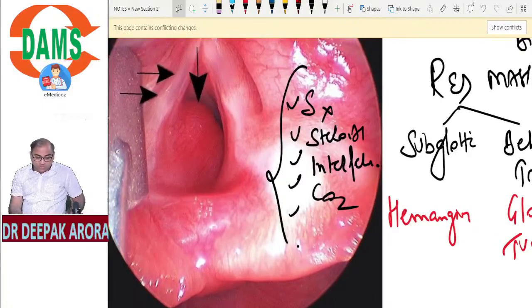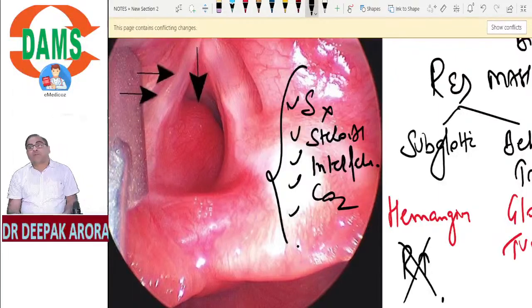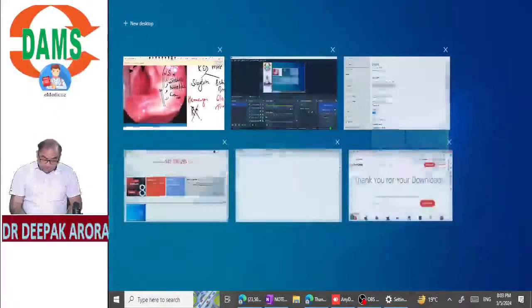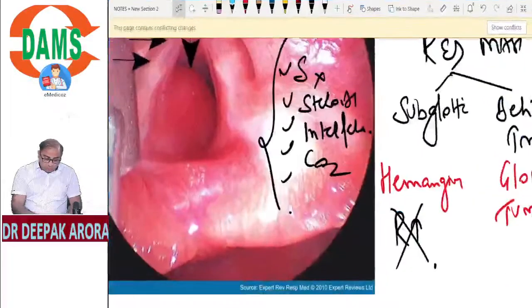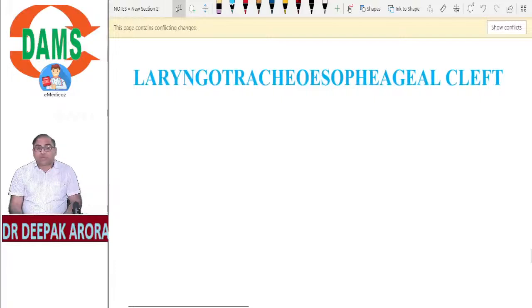In hemangiomas, what do we avoid? Radiotherapy. Make this a concept: in subglottic hemangiomas, we avoid radiotherapy. It reduces the immunity of the child, which leads to proliferation of the tumor. Therefore, we avoid radiotherapy.